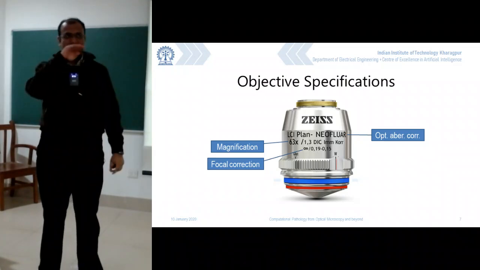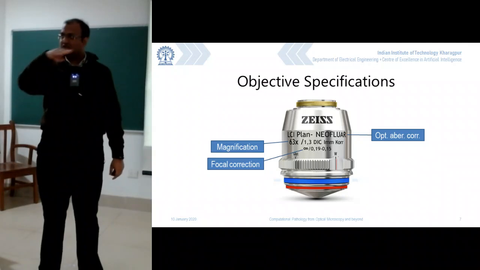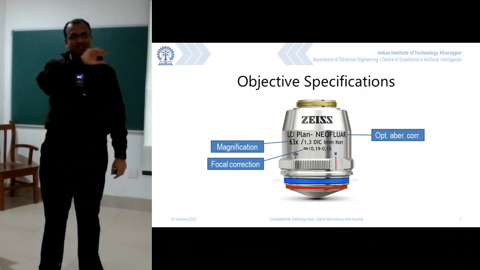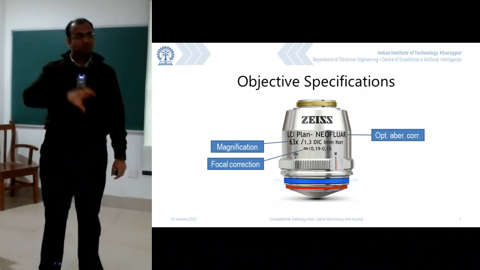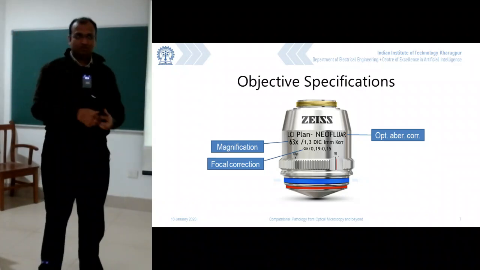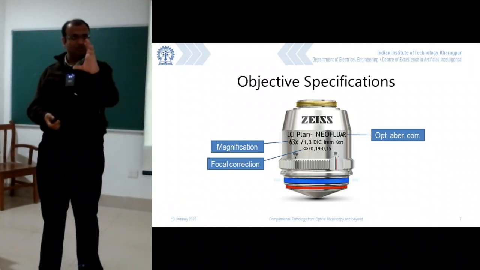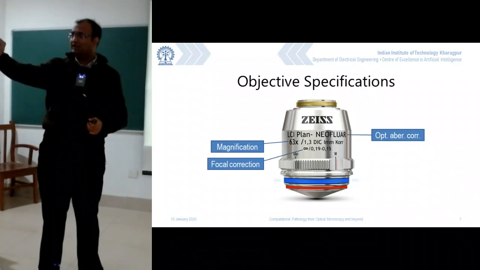Now when you pass a parallel beam of white light through a prism, you would see the whole spectral distortion happening. One part of the spectral distortion happens on the top prism, one part in the bottom prism, and then they meet. So although you are sending a parallel beam of white light through a lens, at the focal point it will not be a parallel beam of white light, there will be a spectral spread.